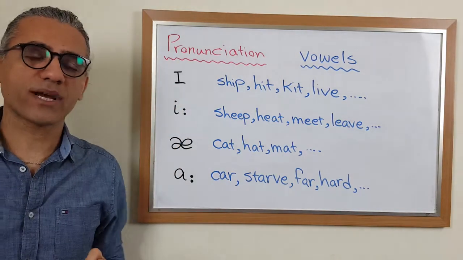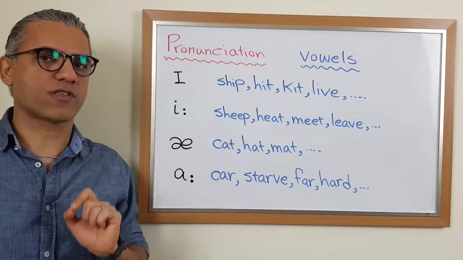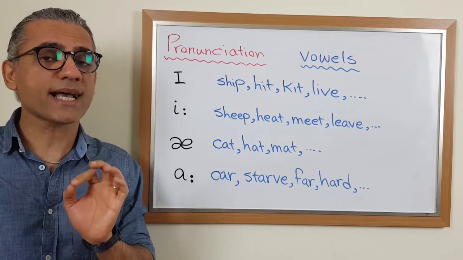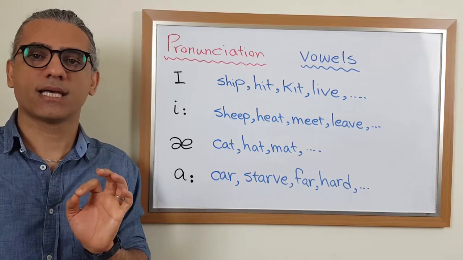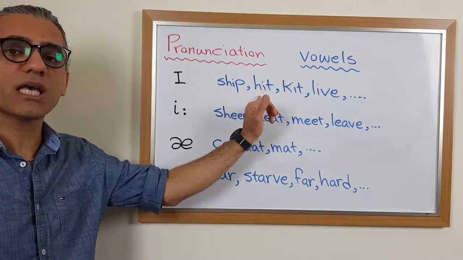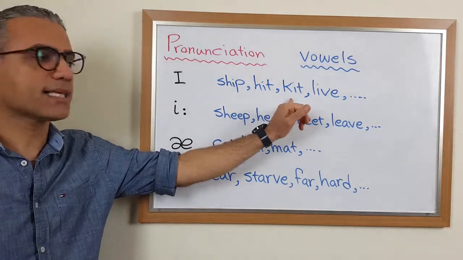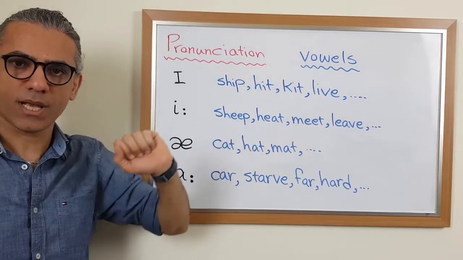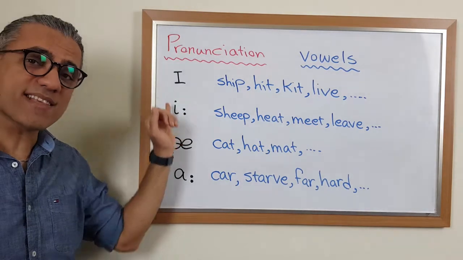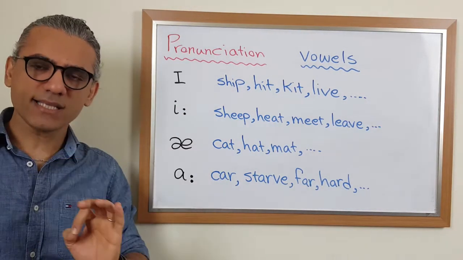The first sound we are practicing is a short sound, and it is pronounced I. So as short as possible. I. I. Like ship, hit, kit, live, and other examples. The next one is the same sound but a little bit longer.